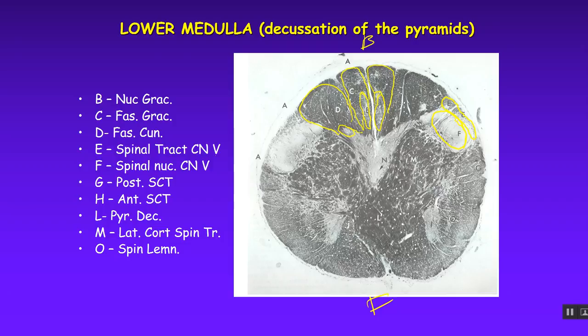G happens to be, and this is really ill-defined here, but you've just got to kind of know this region here is the posterior spinocerebellar tract, and the region just in front of it, H, is the anterior spinocerebellar tract. So if I circled one of these, you just have to look and make sure, hey, is it H or G, but also is there room for something to be behind it or in front of it, so to speak, to know if it's anterior or posterior spinocerebellar tract, okay?